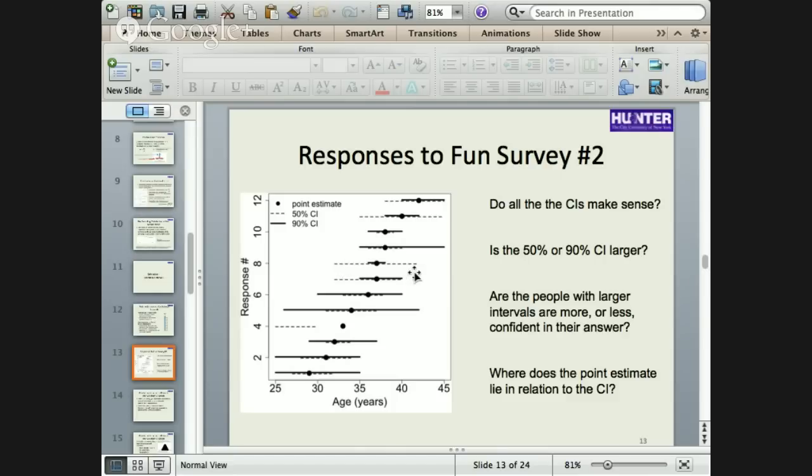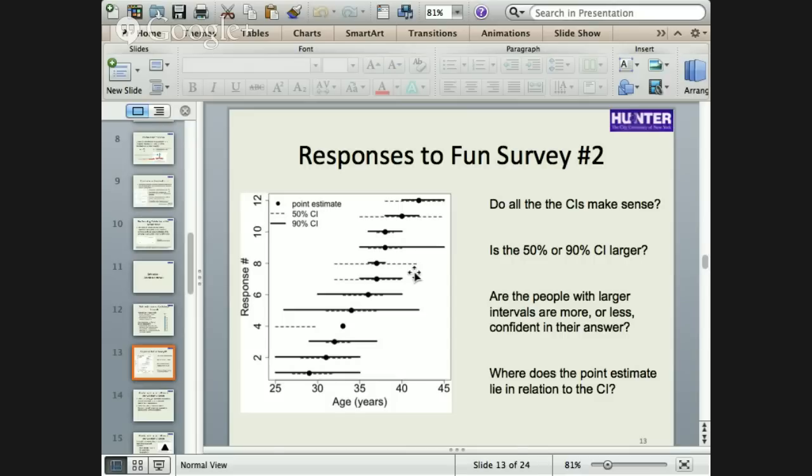But that's a key concept, and something that's going to come up in how we ask you to interpret these things, which is if you want to be more confident, then the interval has to be larger, right? So take another example. If I asked you, in what year was Lincoln born?